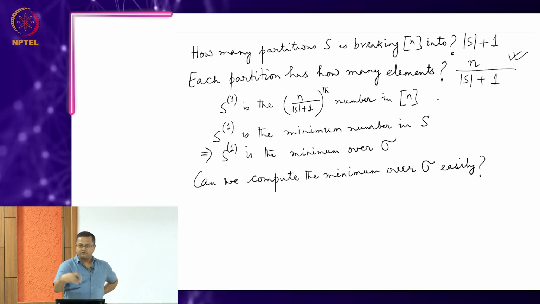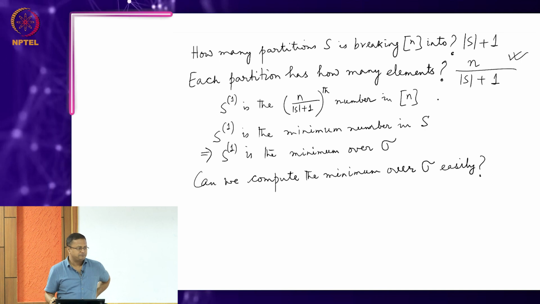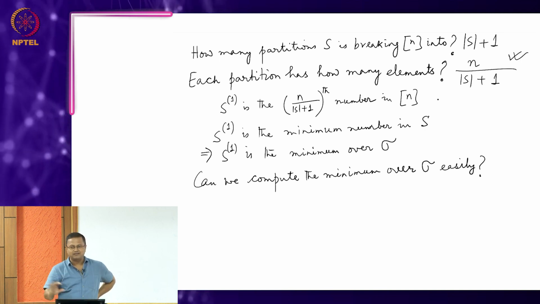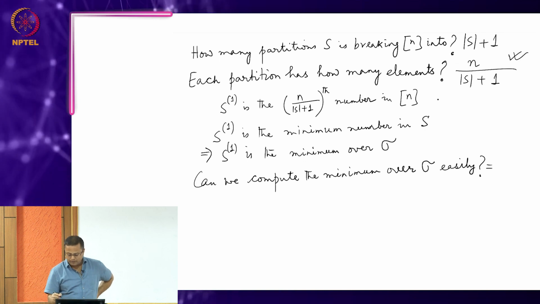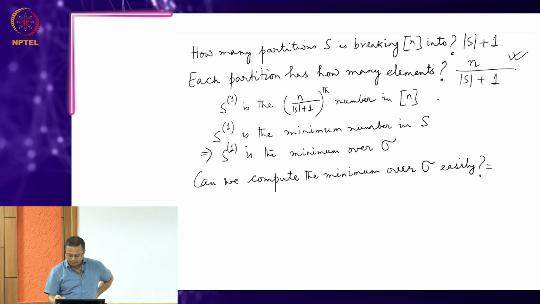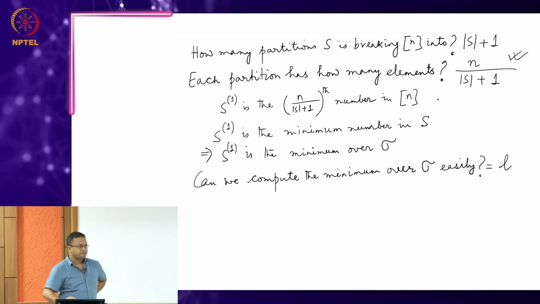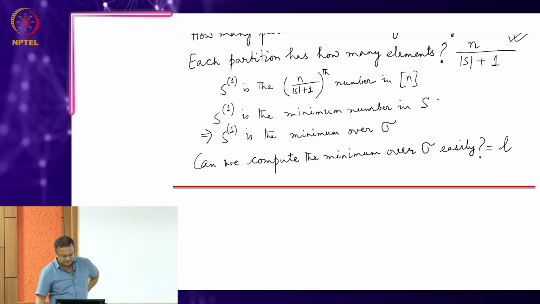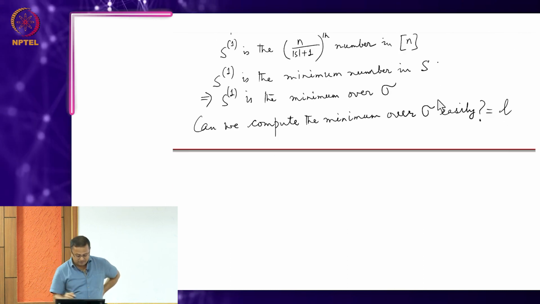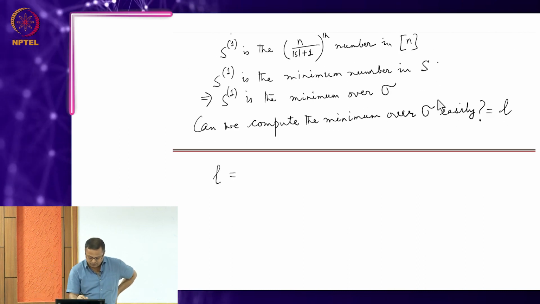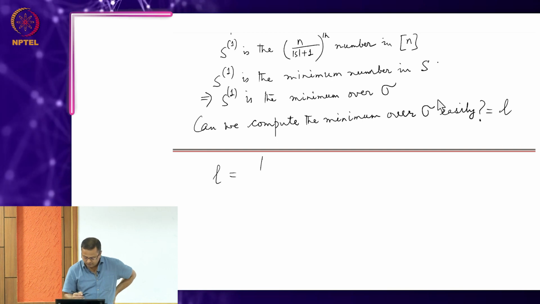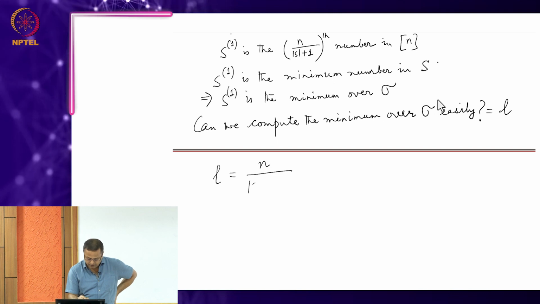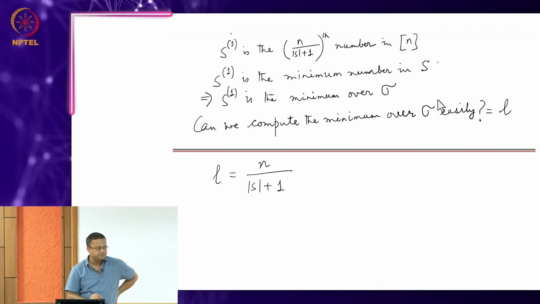As the stream comes, it is very easy to do, right. Always check, similarly as in the RAM model. So, let that minimum be marked as some L. Now, you know L equals, sorry, n by s plus 1.